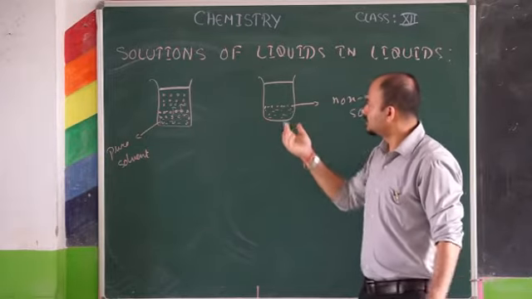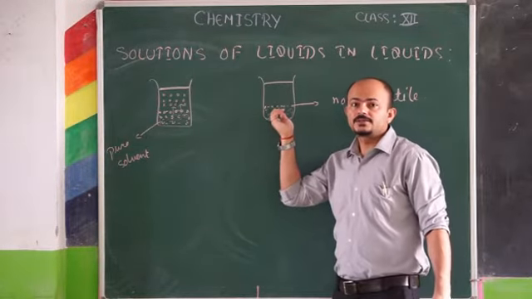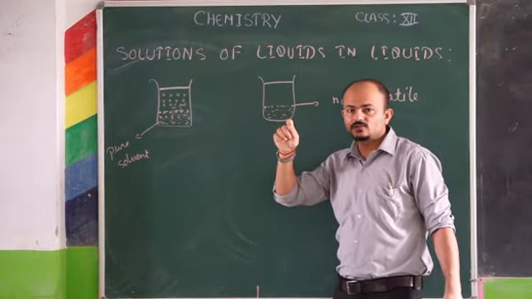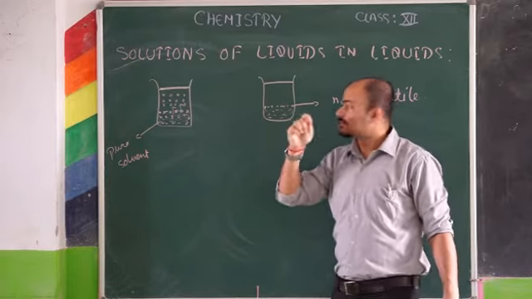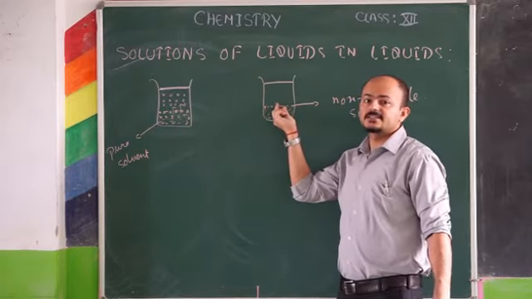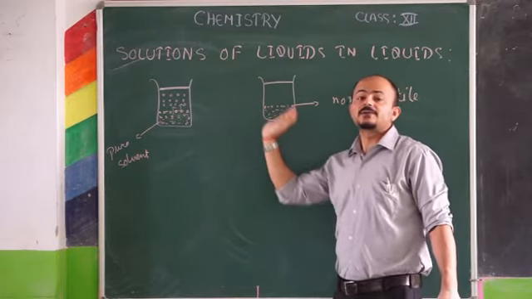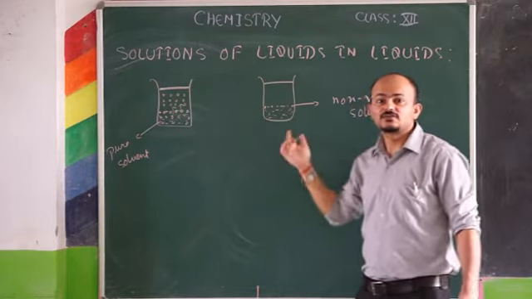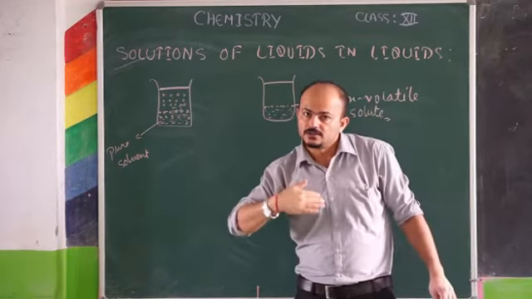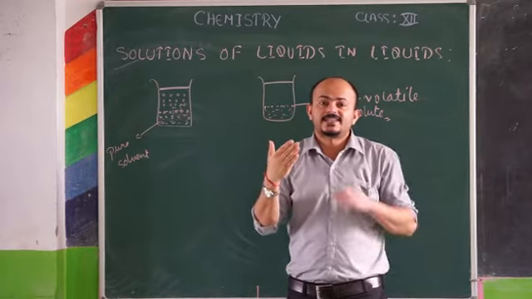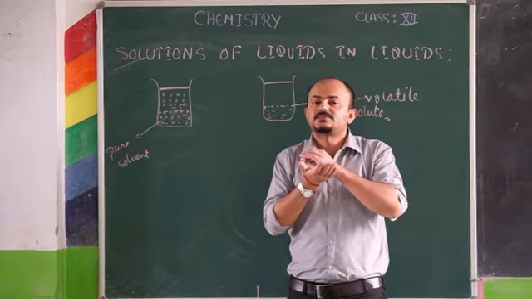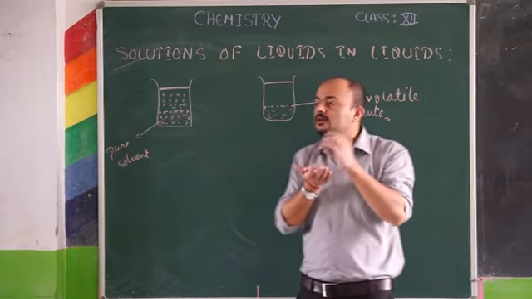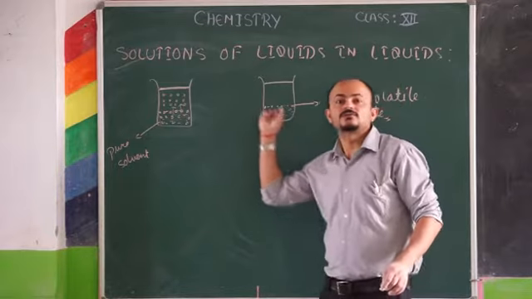Now what will happen? Since it has occupied some of the spaces at the surface, the rate of evaporation will decrease. Why will it decrease? Because it is not taking part in the vaporization itself, and since it has occupied some of the surface, it is not allowing the solvent molecules to go to the vapor phase.